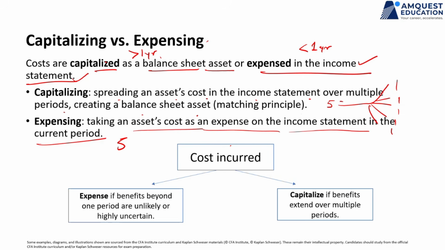So cost incurred, expense if benefits beyond one period are unlikely or highly uncertain, which means less than one period or 1 year of benefits. Capitalize if benefits extend over multiple periods.